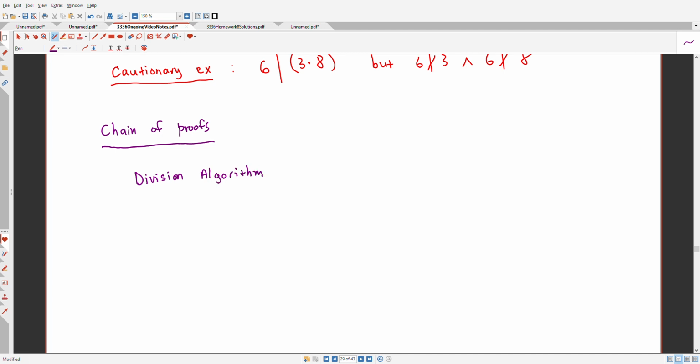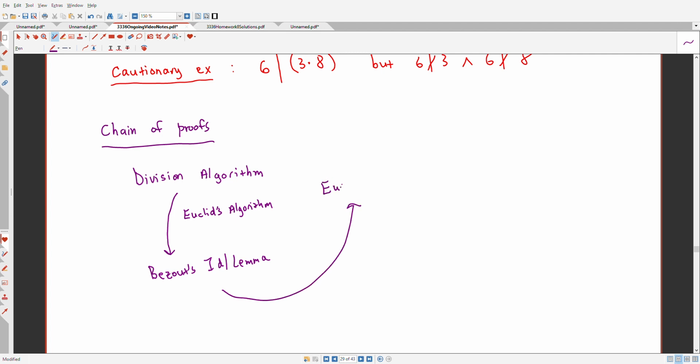What I said about this algorithm was that you can prove it using what's called the well-ordering principle, but we sort of took it as a fact. But then using the division algorithm, you can use Euclid's algorithm, we use that to prove Bézout's lemma, identity. And now we use this to get, this was a key part in Euclid's lemma.